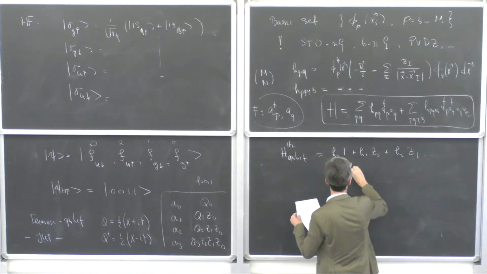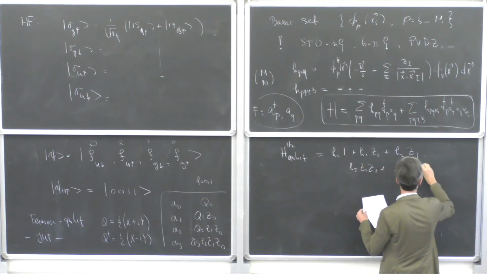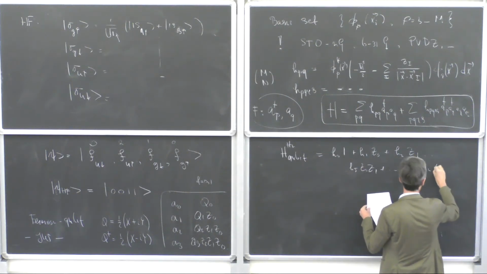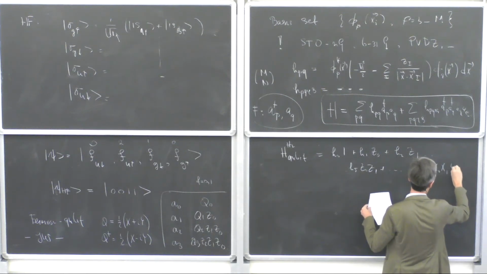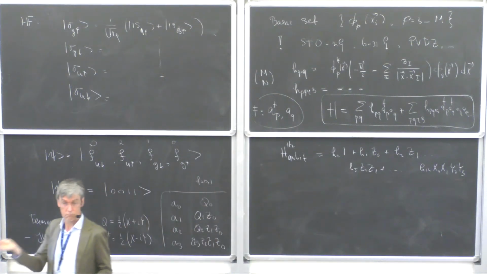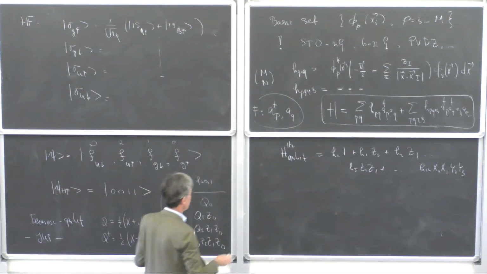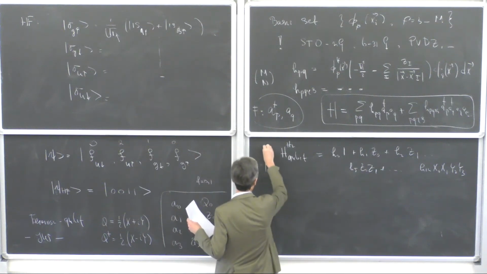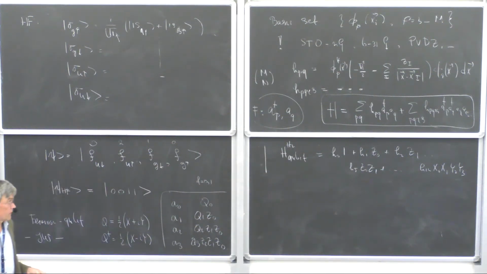There's an H5 times Z0 Z1, lots of terms, and the final one is H14, X0 X1 Y2 Y3, whatever. Okay, so out comes some expression that you simply pull out by doing this. So that's a thing to keep in mind. We need this operator to run the VQE when our ansatz is all done.